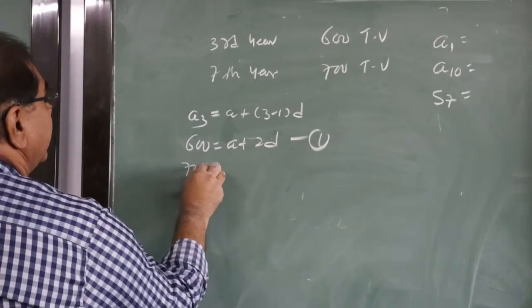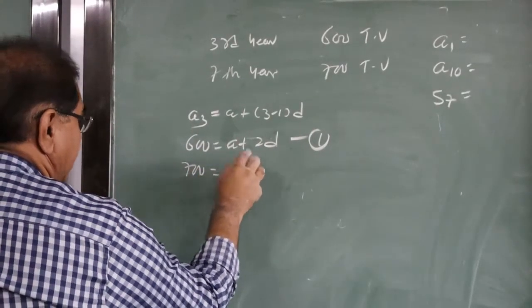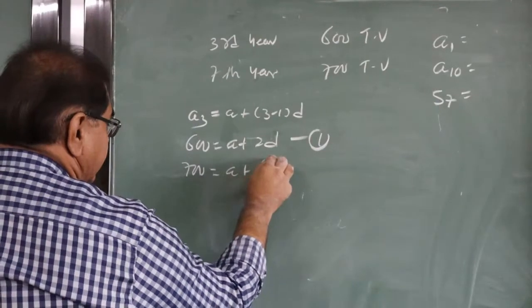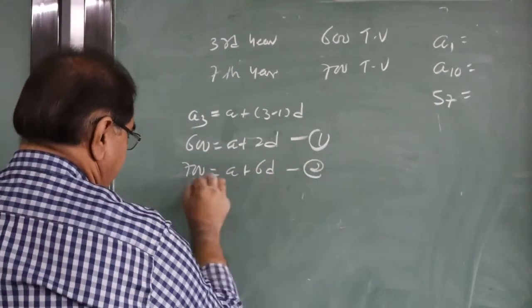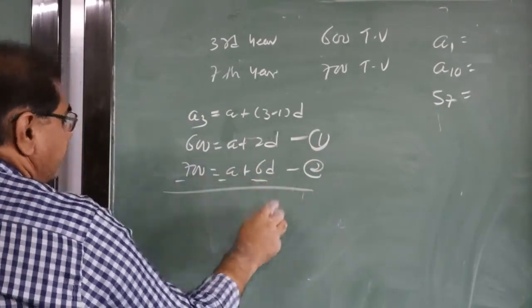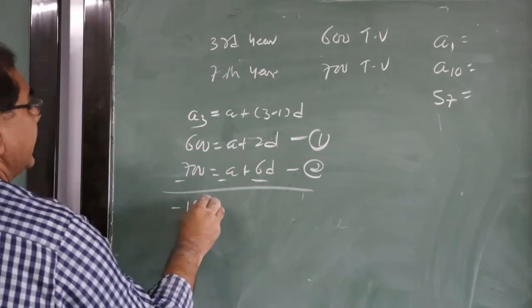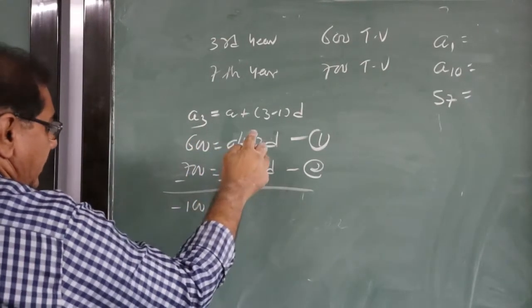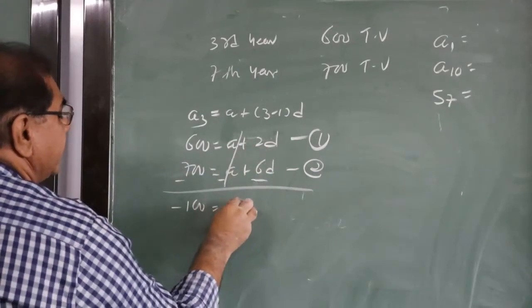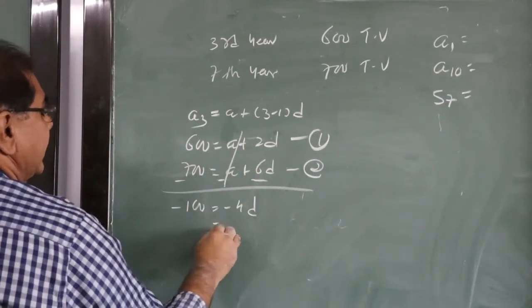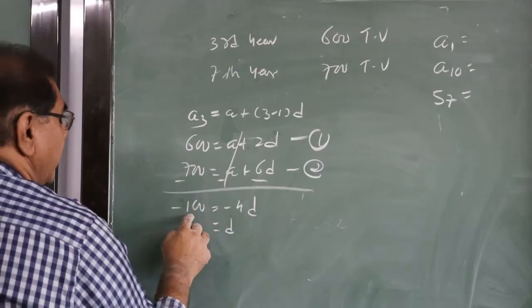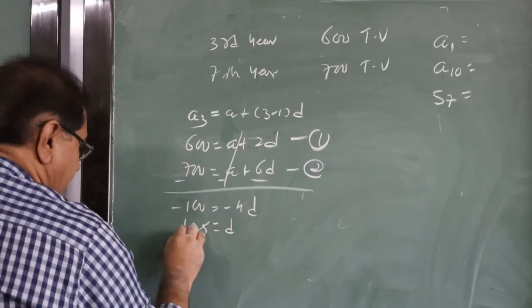So 700 is equal to A plus (7 minus 1), that is 6, into D. I take the difference of both these equations: 600 minus 700 is minus 100, and 2D minus 6D is minus 4D. The minus signs cancel. So D is equal to 100 upon 4, which is 25.